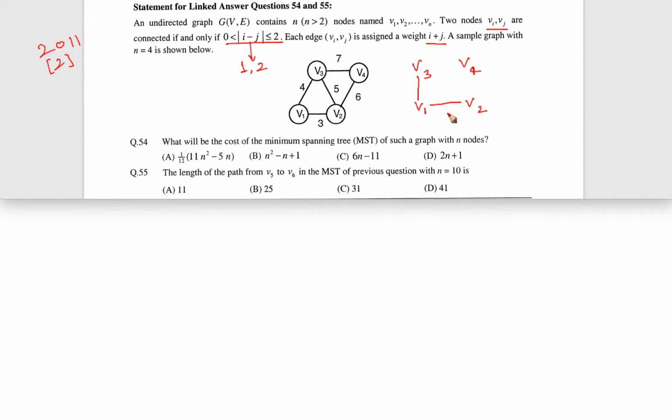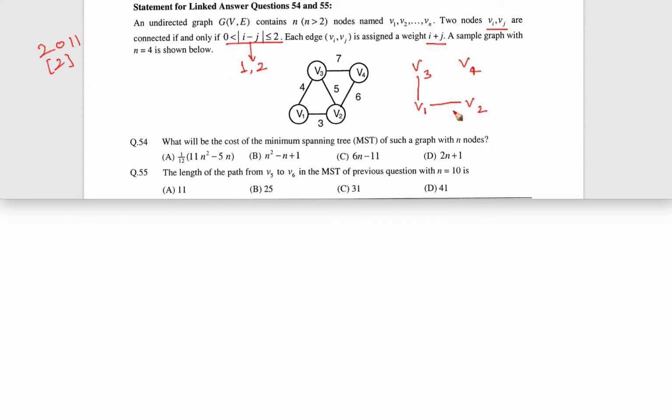Why? Because 2 minus 1 modulus is 1 and 3 minus 1 modulus is 2. So the modulus of i minus j is coming out to be either 1 or 2, and that's why these connections are there. And what is the weight of this edge? The weight is given by i plus j.